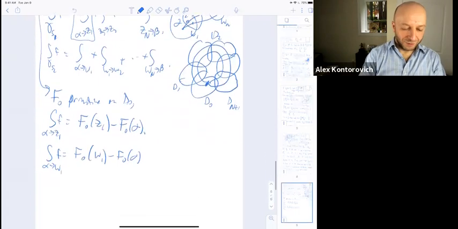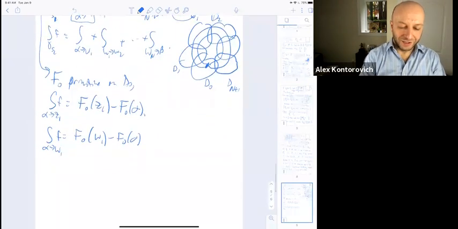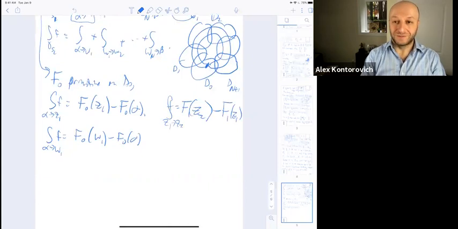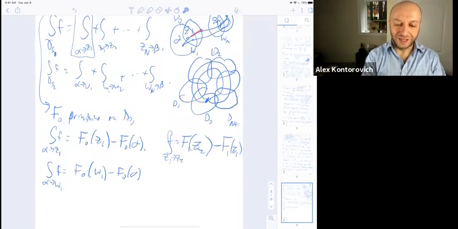And then we're going to add on to this the integral from z1 to z2 of f, which is F1 of z2 minus F1 of z1. So now I'm on the second little piece, and I have a primitive F1 in D1.